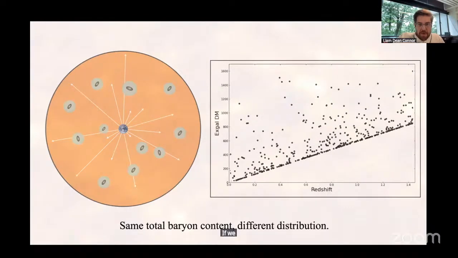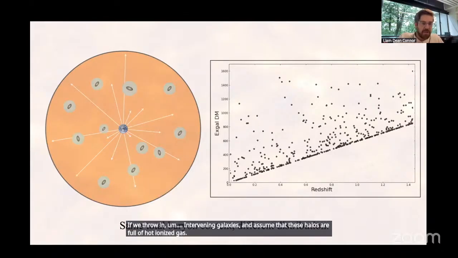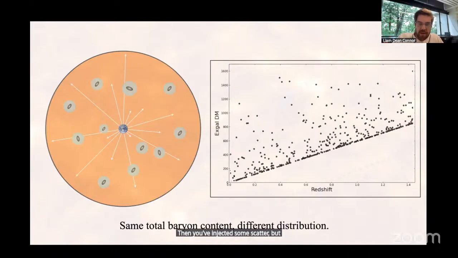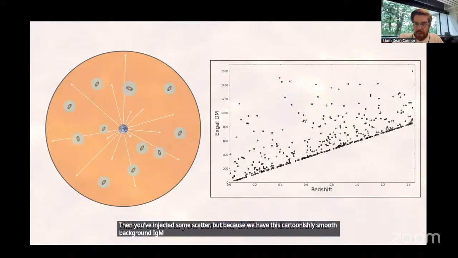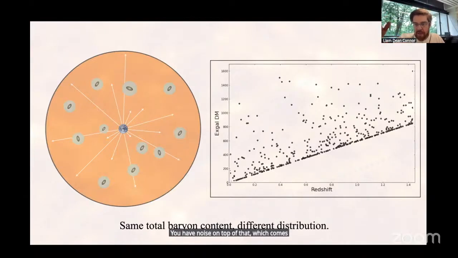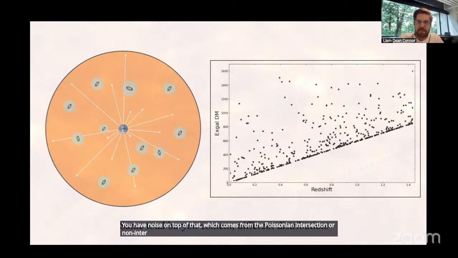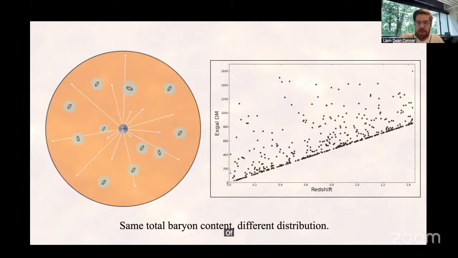If we throw in intervening galaxies and assume that these halos are full of hot ionized gas, then you've injected some scatter, but because we have this cartoonishly smooth background IGM, you have a lower limit for how much DM you get for a given redshift. You have noise on top of that, which comes from the Poissonian intersection or non-intersection of intervening halos, but you always have this kind of minimum DM for a given redshift.